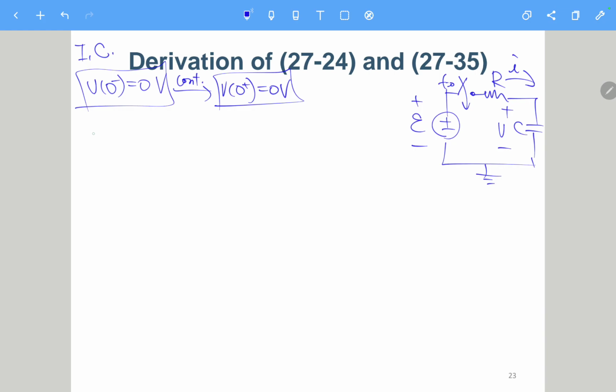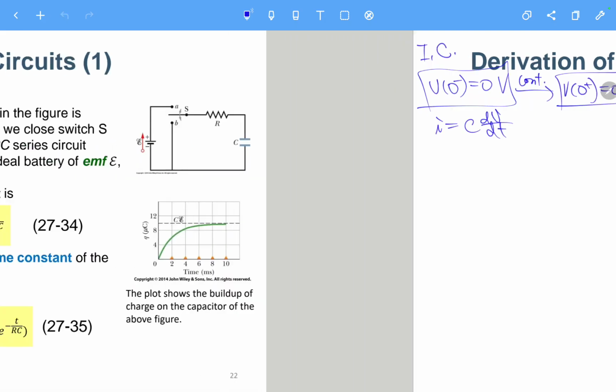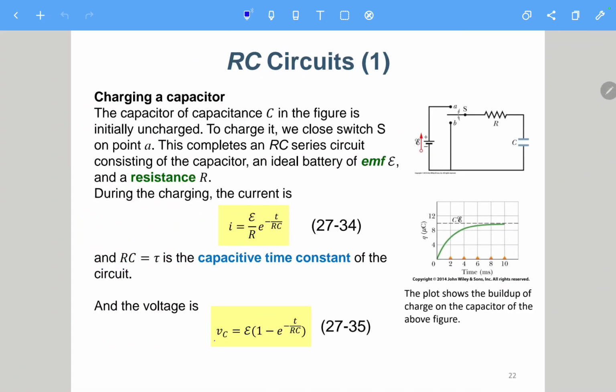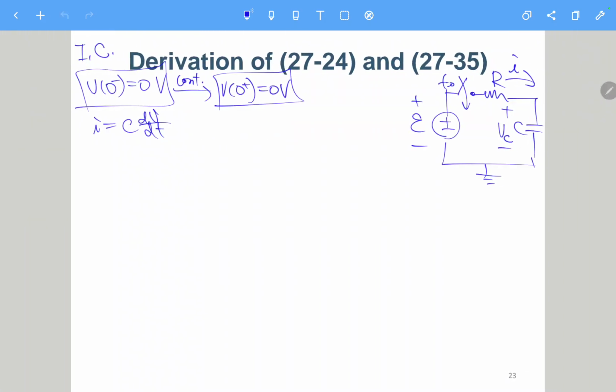So for the current, I will be C dVC/dt. Let's call it VC rather than V. So this is VC, I equals C dVC/dt.